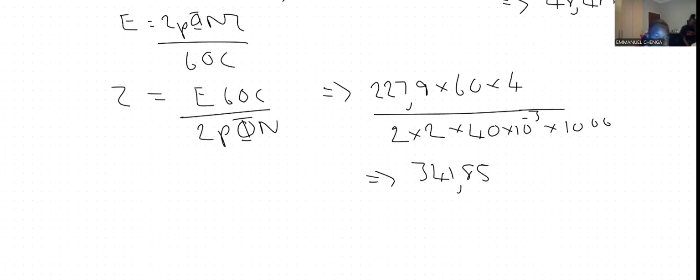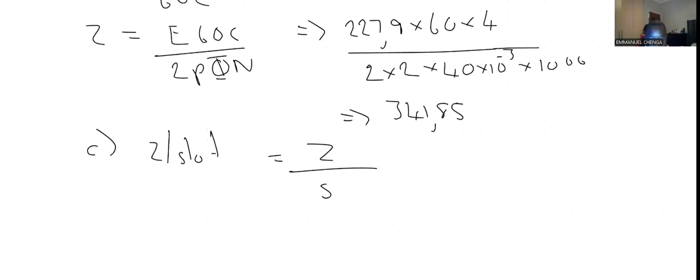And then on C, they want you to find the number of armature conductors per slot if there are 50 armature slots. So they want you to find the number of armature conductors per slot, which is the same as Z per slot. How do you calculate Z per slot? It will be the number of conductors divided by slots.